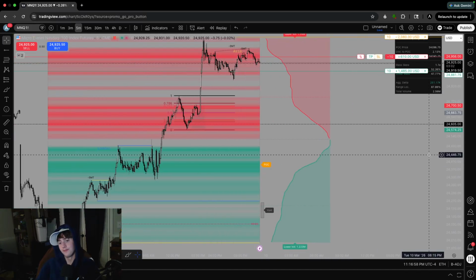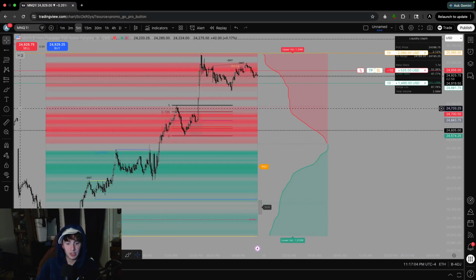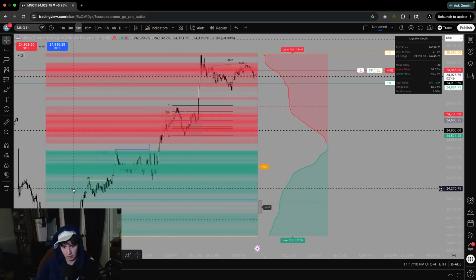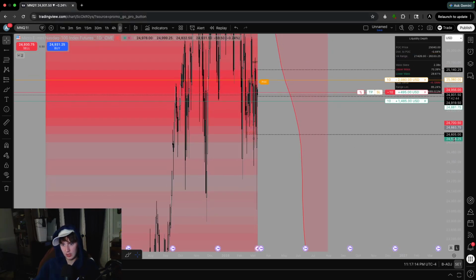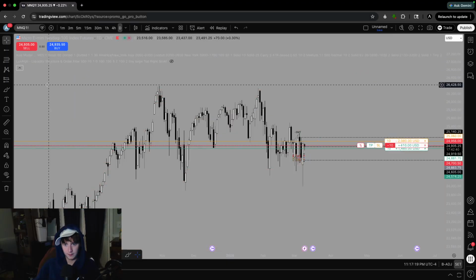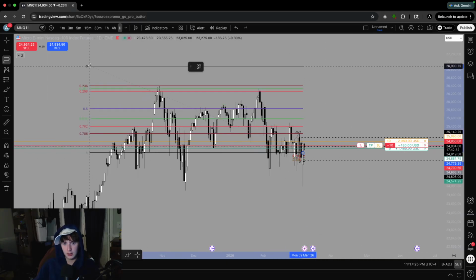We also need to make sure that we are trading with low volume nodes on the side right here. Okay. So we would do that by, let me take this off, coming here and going to the daily.